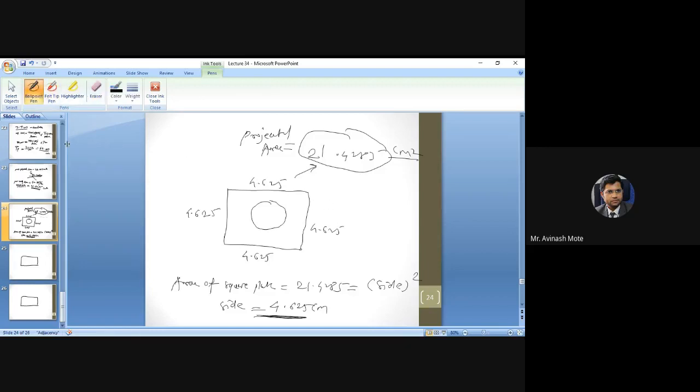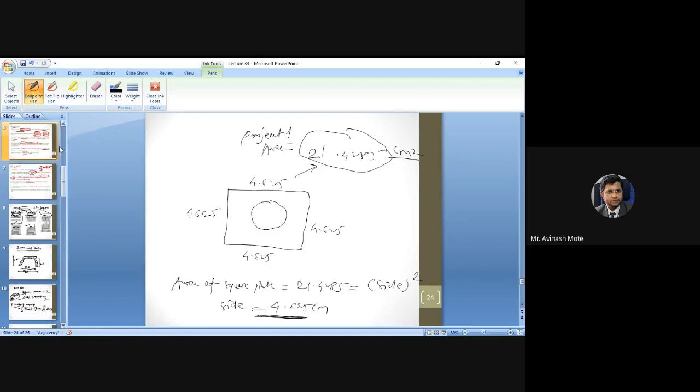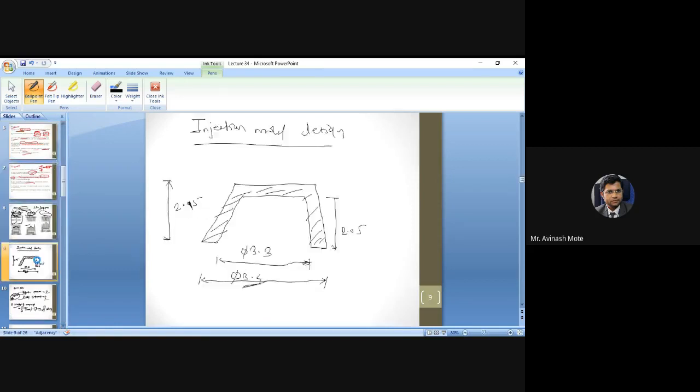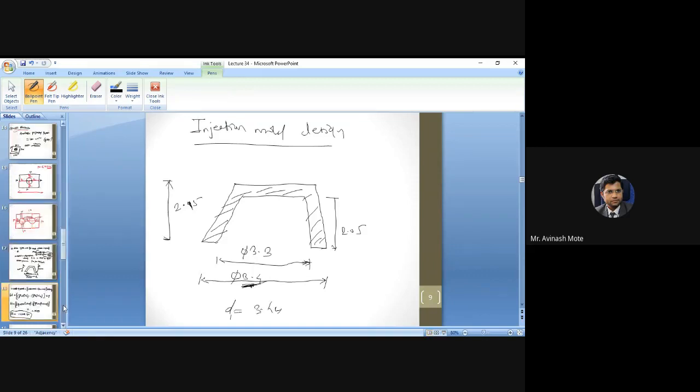Now come to our original point. Because we are talking about the surface area, if you think of the larger projected area, the diameter is 3.4 centimeter for a single cavity.